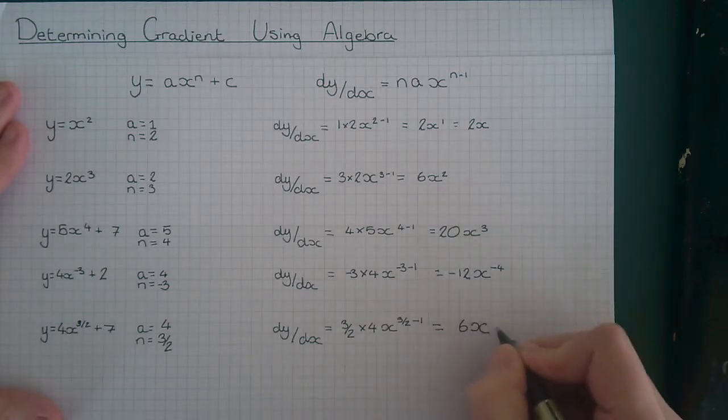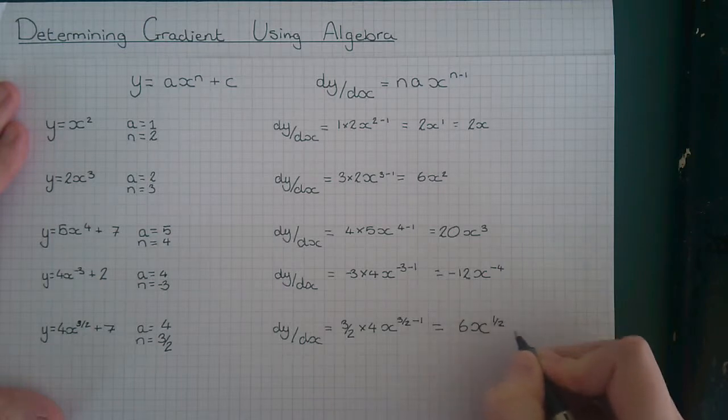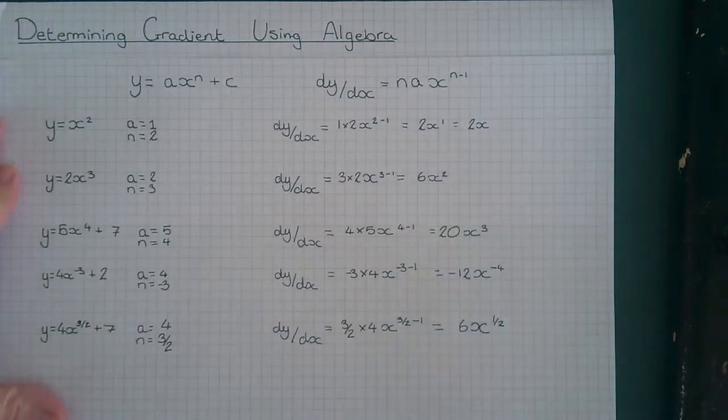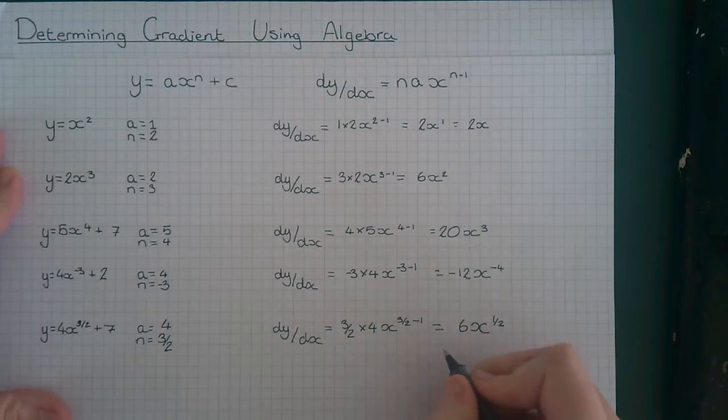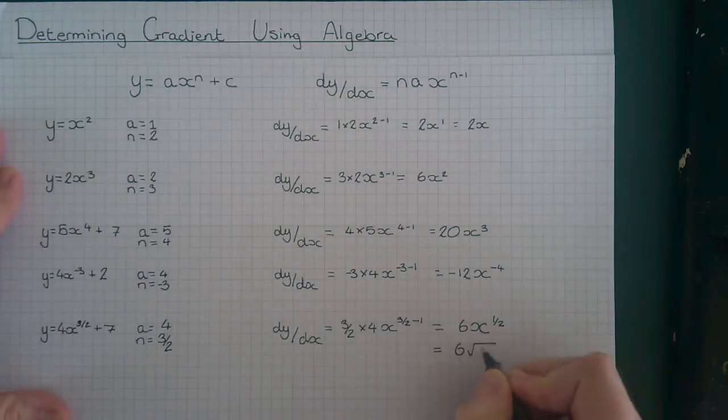So we have 6x to the power of a half. Anything to the power of a half is just a square root, which means that our final value can be written as 6 square root x.